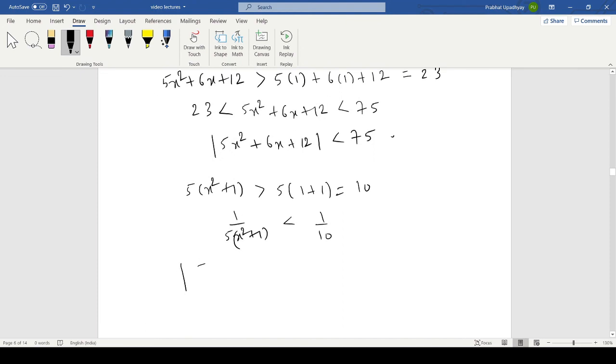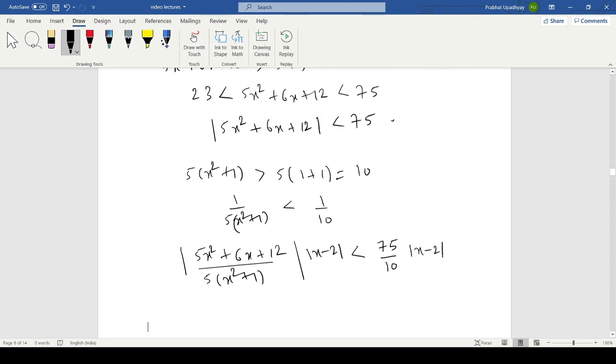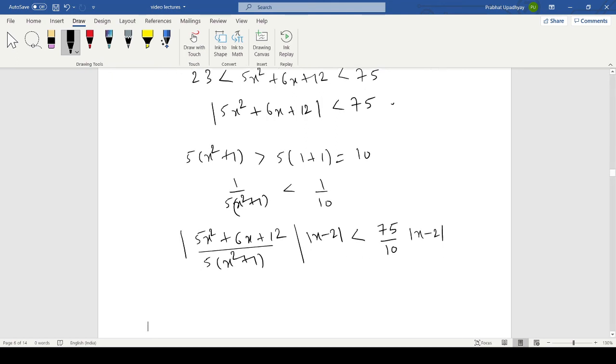Therefore mod of 5x square plus 6x plus 12 upon 5 times x square plus 1 into mod x minus 2 is less than 75 upon 10 times mod x minus 2. And 75 upon 10, if you want to reduce it, you divide by 5, so you will have 15 upon 2 times mod x minus 2.